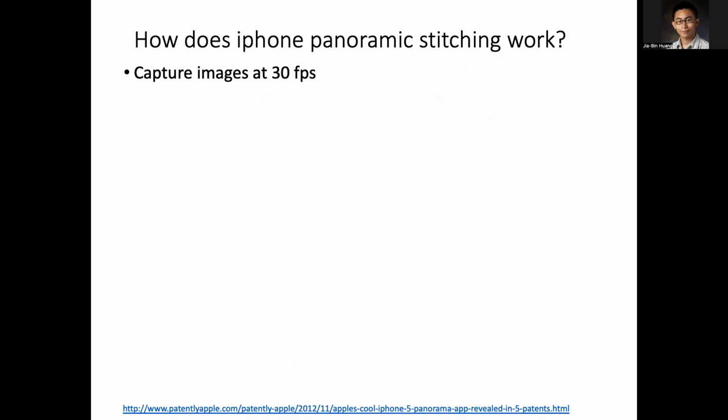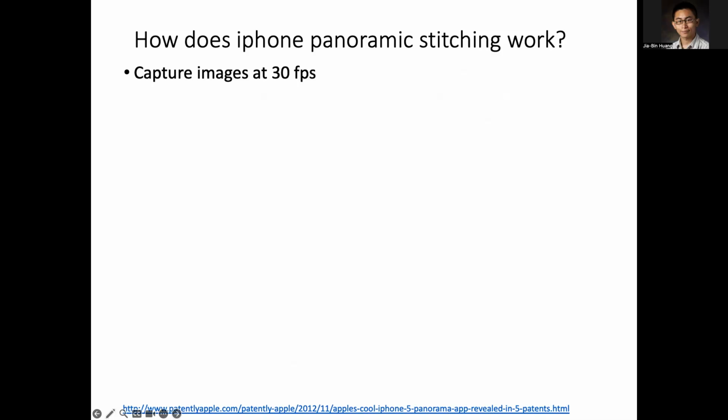You are capturing the panorama at the same time as you are reconstructing it. So you're not taking individual images. They have a pattern, which is why we can understand what they're doing.